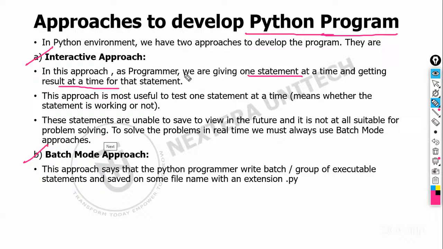This way helps us to build a Python program, the script, but it is an interactive approach. We are not going to execute all the lines of code at a single time.